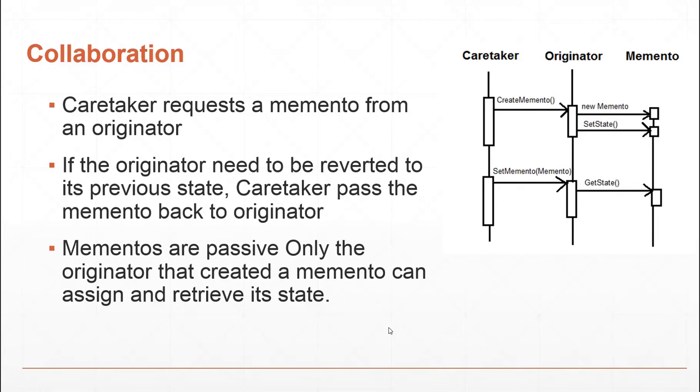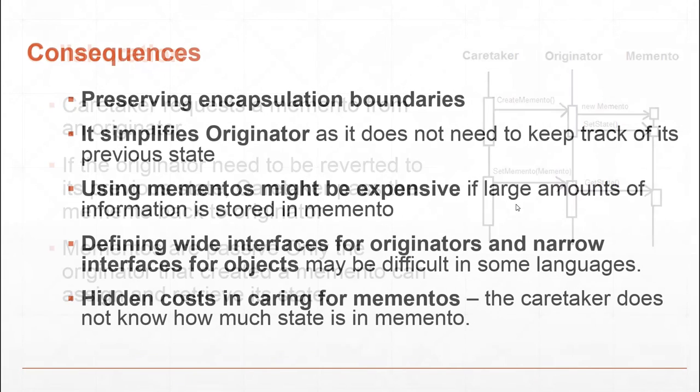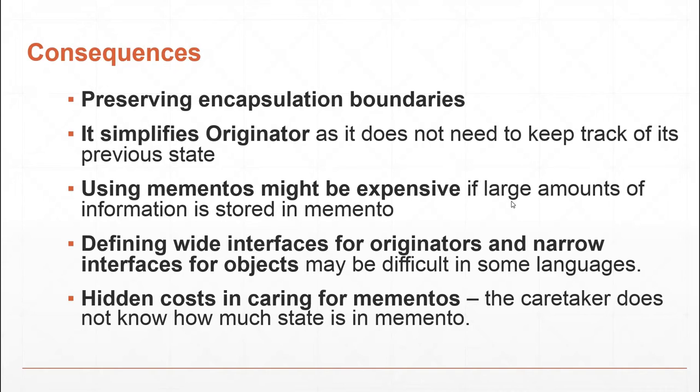Thus, the memento is passive, and only the originator that creates the memento can assign and retrieve the state. So in this case, the caretaker never knows what the state of the memento is like, however, it stores the memento for the originator.